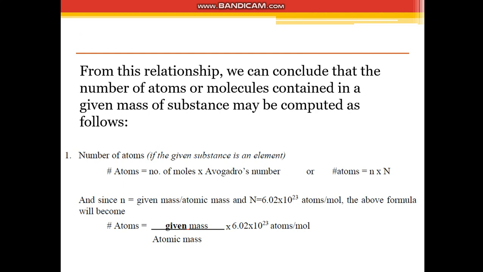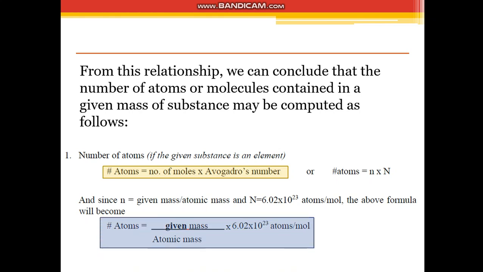If the substance given is an element, we have the following formula. The number of atoms is equal to the number of moles multiplied by Avogadro's number. And since the number of moles is equal to the given mass divided by the atomic mass, we can use the formula below: the number of atoms is equal to the given mass divided by the atomic mass, multiplied by Avogadro's number.